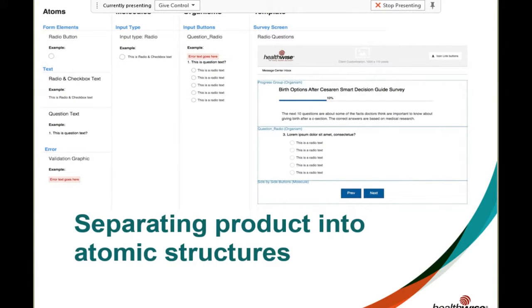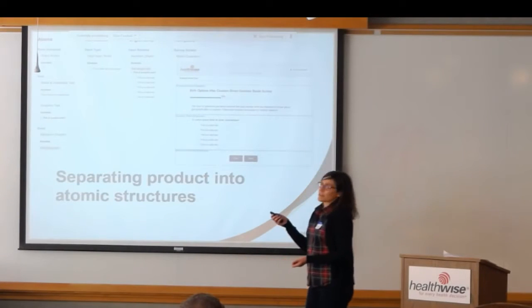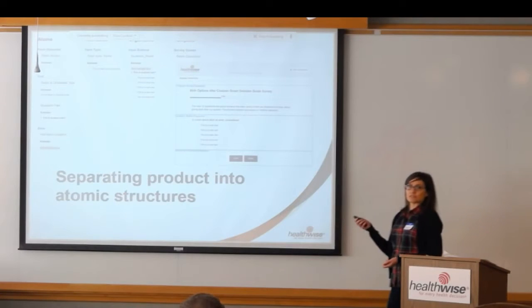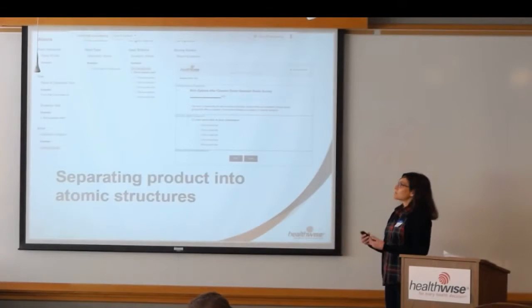And one of the things that I think will potentially be the hardest for us is we can't always call a radio button all the way across from an atom to a molecule and an organism. You're starting to build larger components and assets, and they need a new name to reflect that.